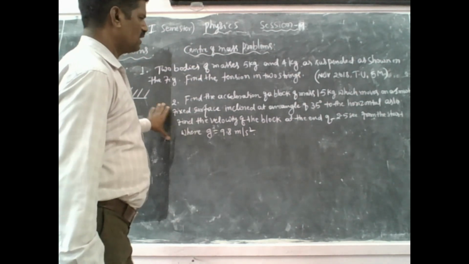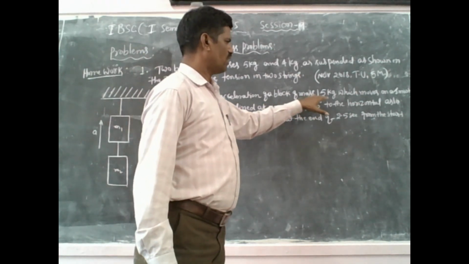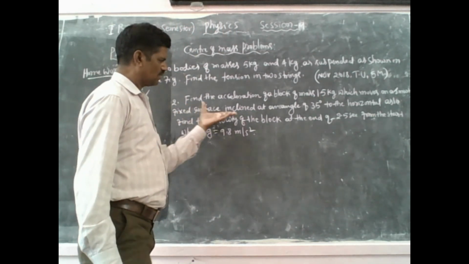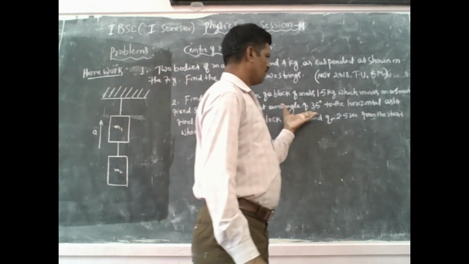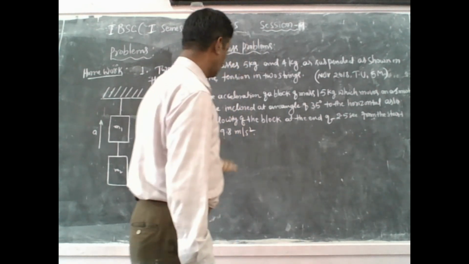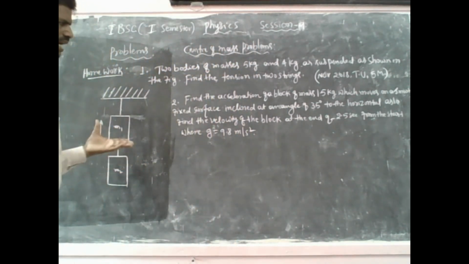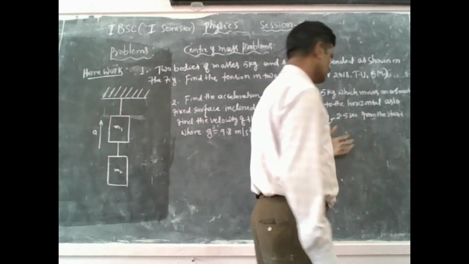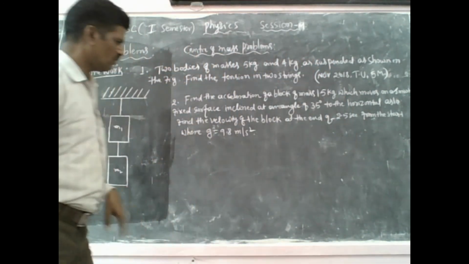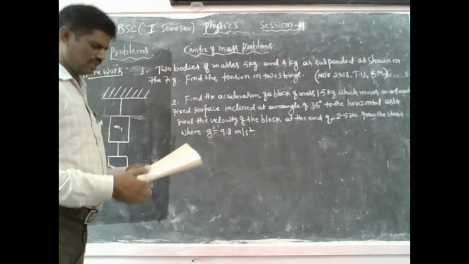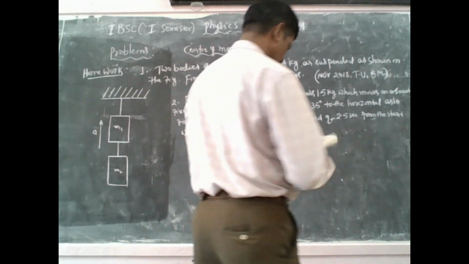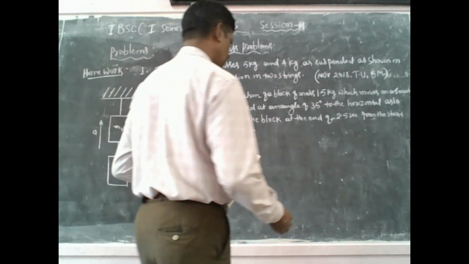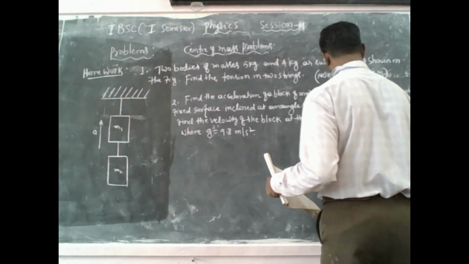Find the acceleration of a block of mass 1.5 kg which moves on a smooth fixed surface inclined at an angle of 35 degrees to the horizontal. Also find the velocity of the block at the end of 2.5 seconds from the start, where g is equal to 9.8 meter per second square, isn't it? So the diagram is given here. I will also write this diagram.